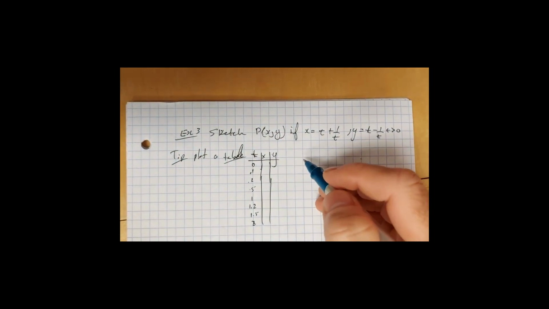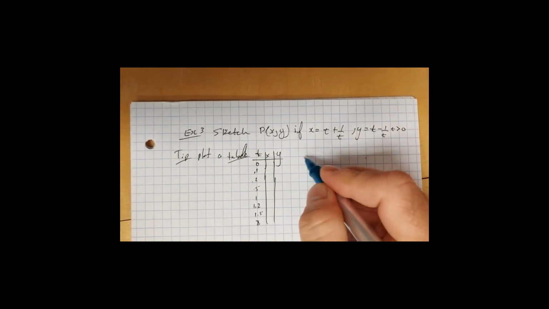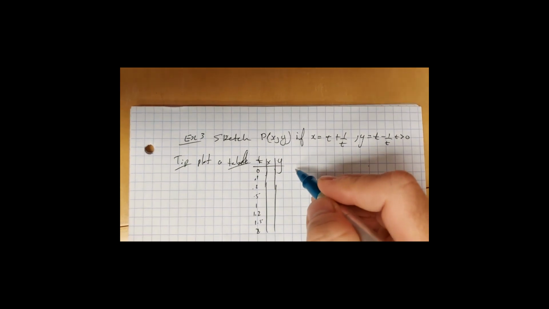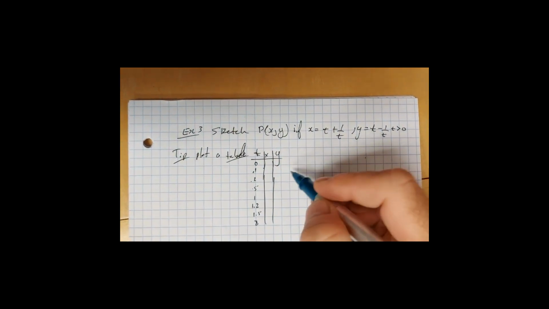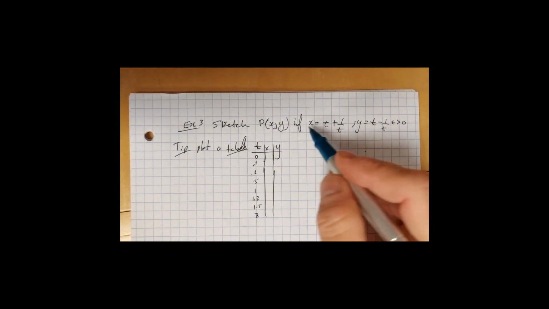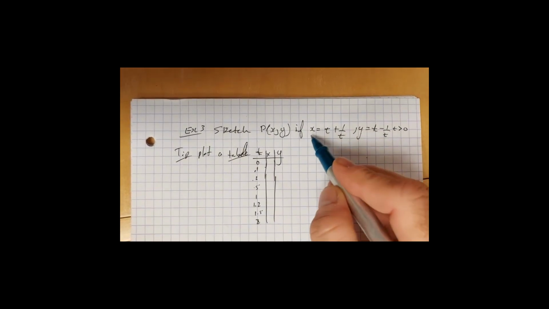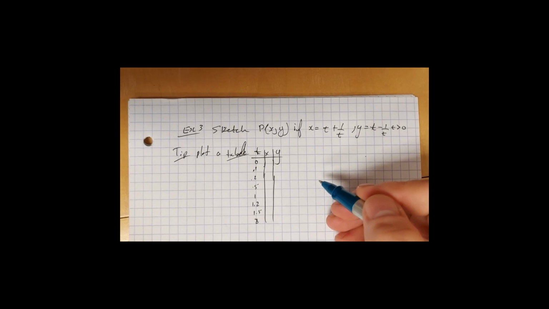If you did that, then hopefully you have a sense of what the curve looks like. You should get a sense that it's some sort of hyperbola in the first and fourth quadrants. So let's verify that by eliminating the parameter for x and y, and that's the part that we'll show next.